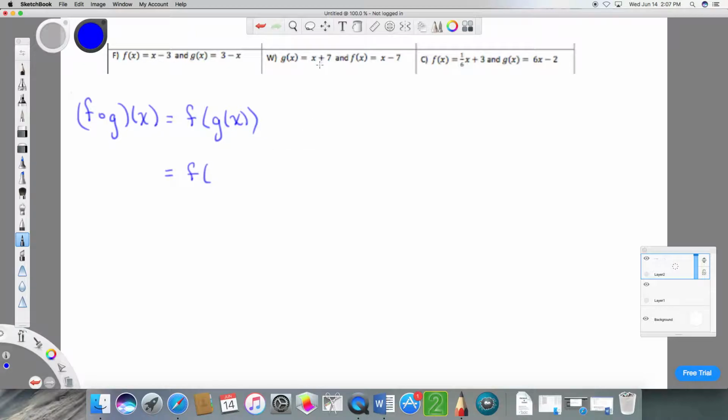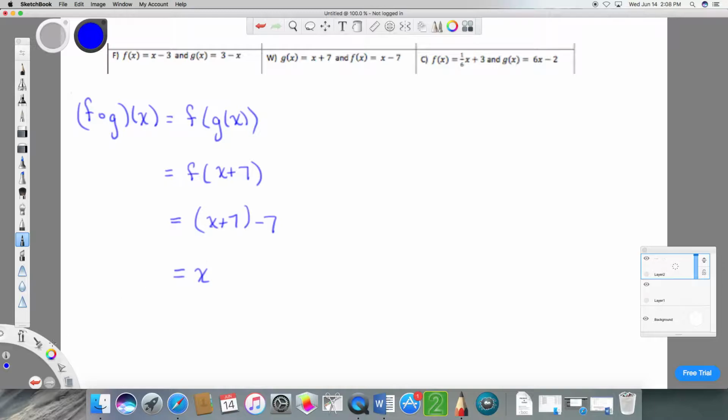And g is this linear function x plus 7. f always creates a subtraction problem, takes the input, and then it subtracts 7 from it. This time our input is x plus 7. So this does reduce to x. So I suspect that these will be inverses.